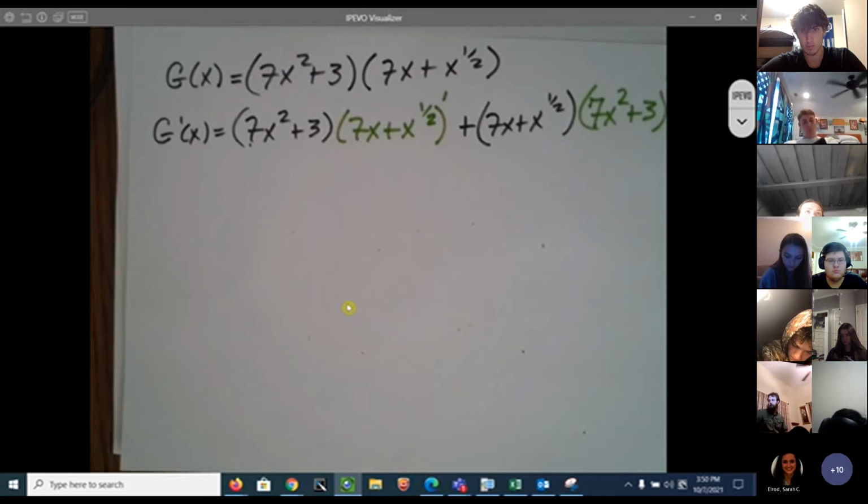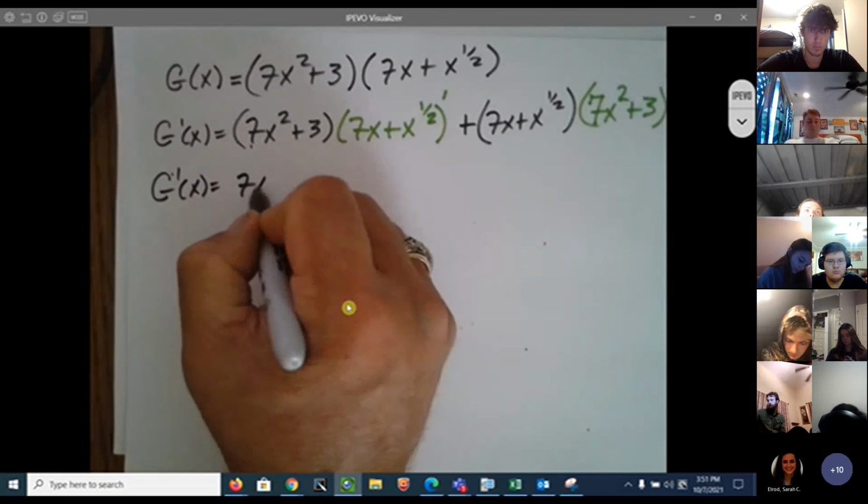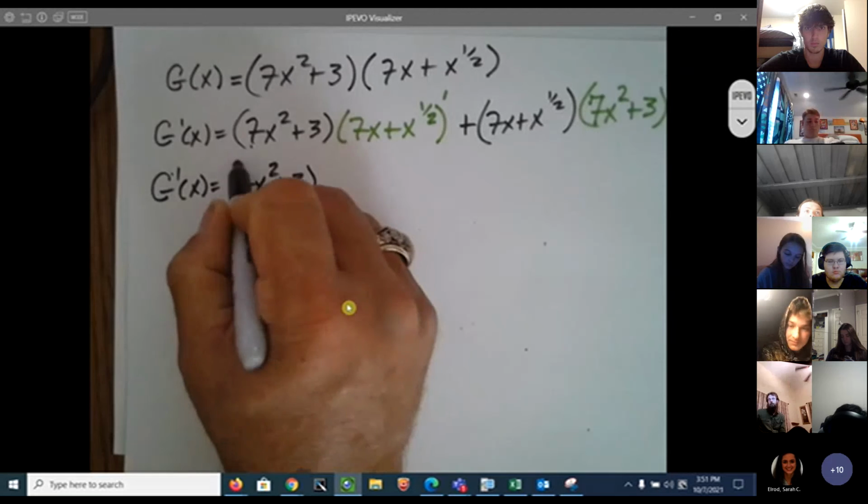So g prime of x is equal to 7x squared plus 3.